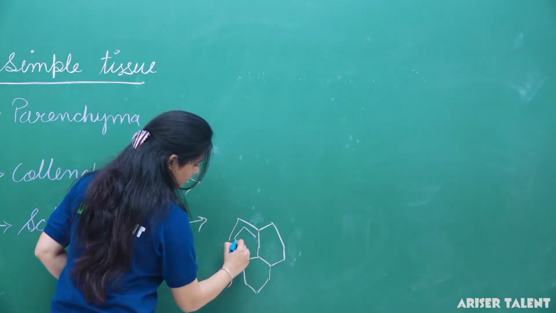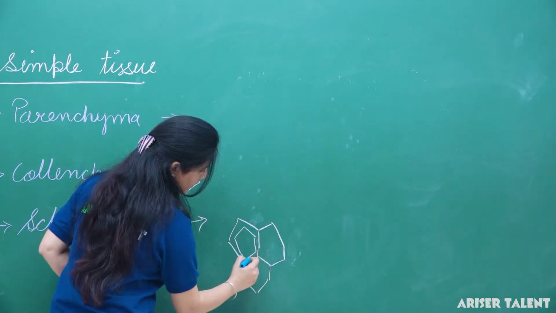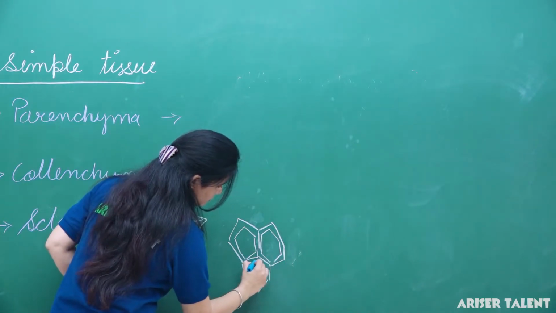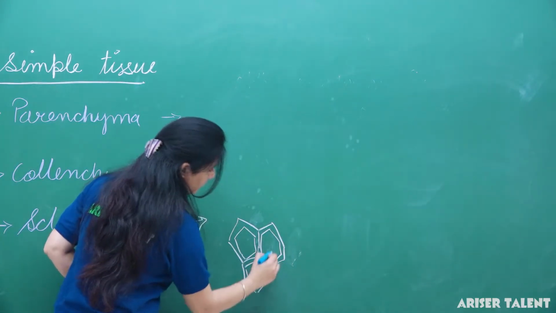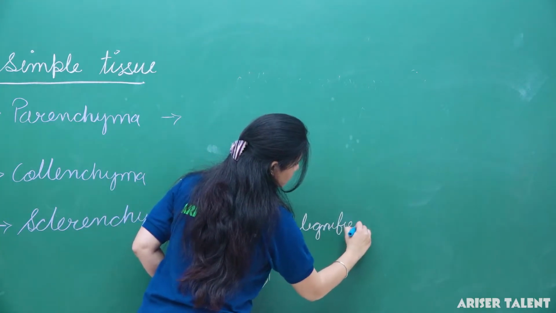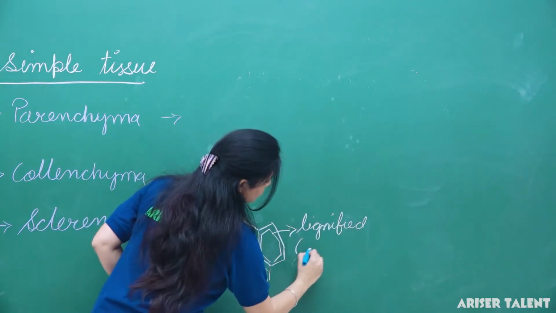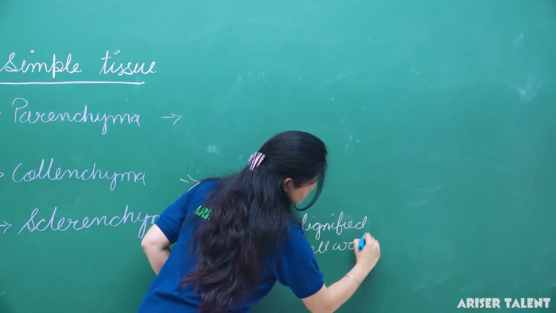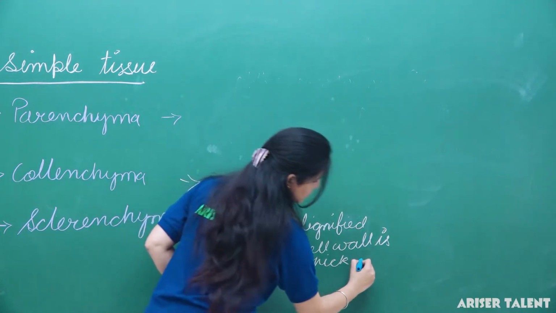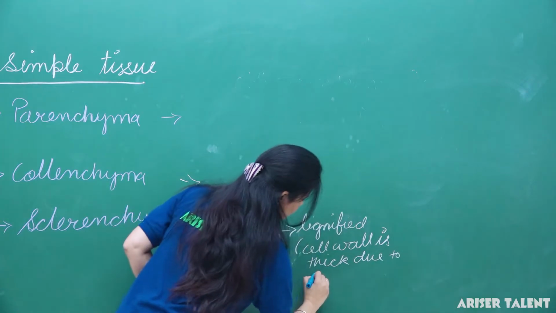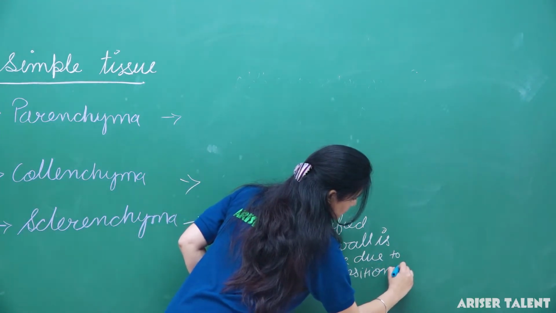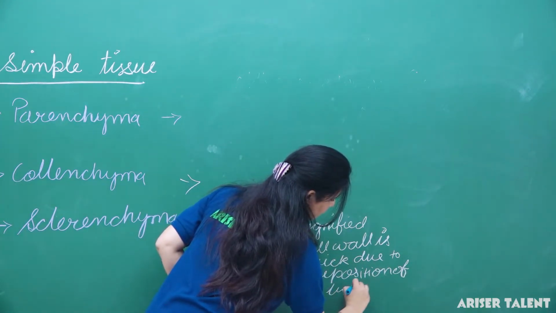These are lignified cells, meaning the cell wall is thick due to the deposition of lignin.